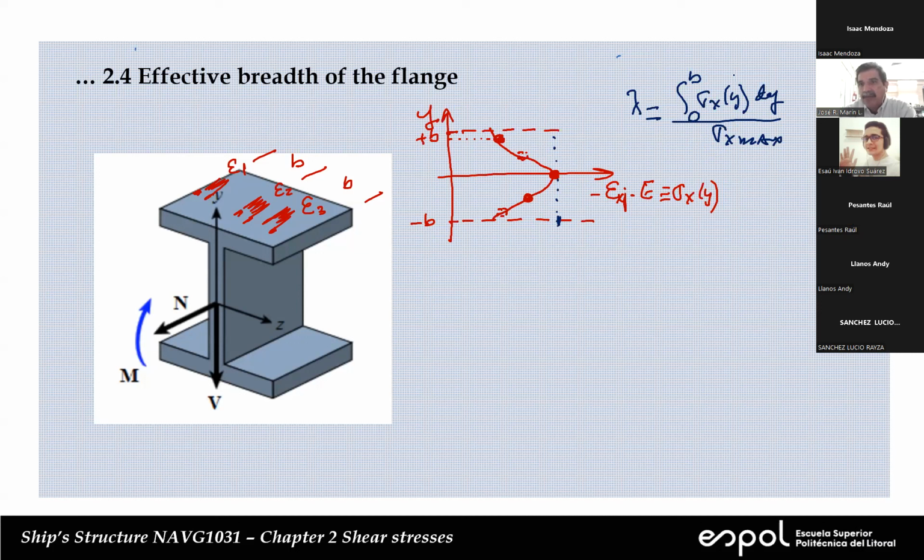So what we have to do is integrate from here until here. We have to integrate this area. Can you integrate that? Well, you have to develop an interpolation, so you complete this curve here.